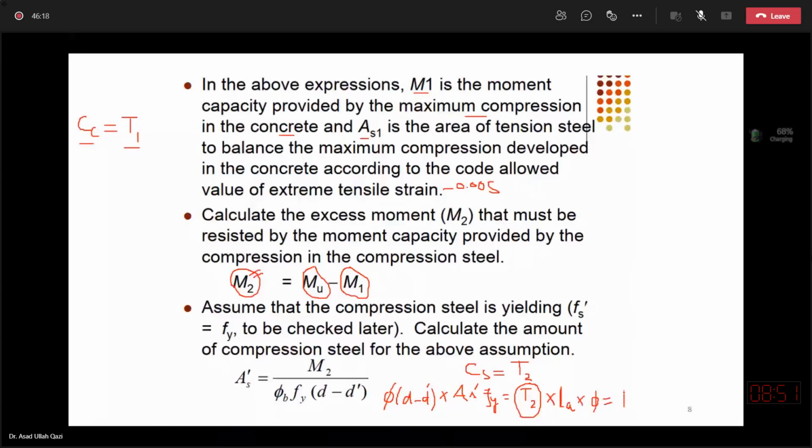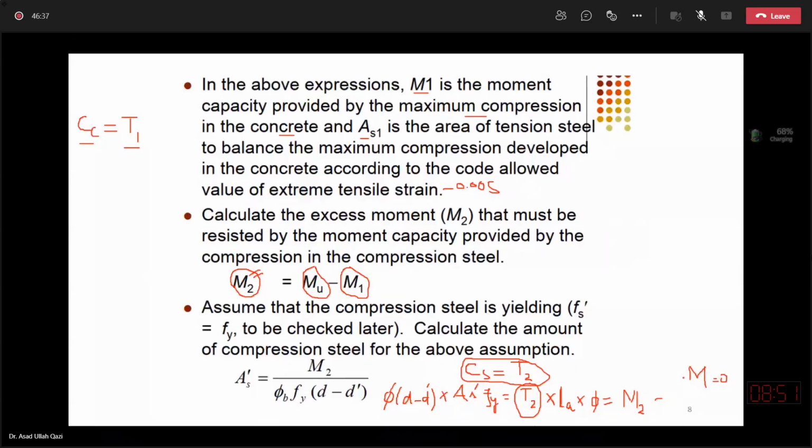So the above one is the force equation, and this one is actually the moment equation, right? Sigma M equal to 0, and it is the internal couple between steel and steel.